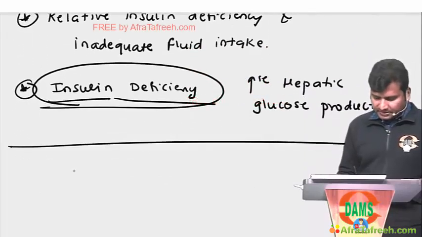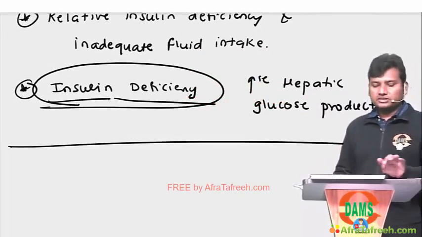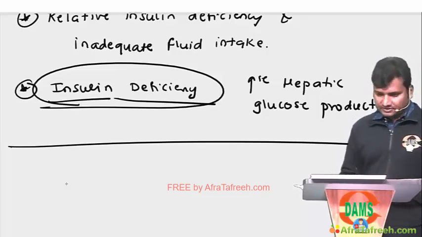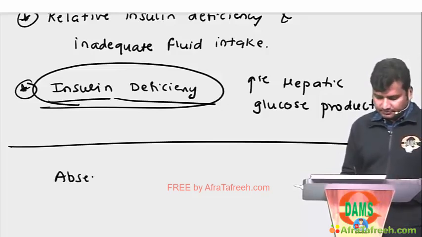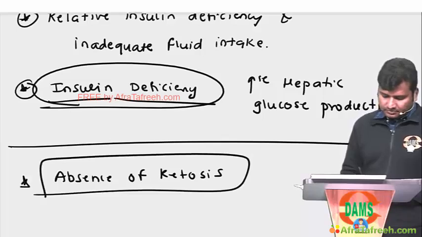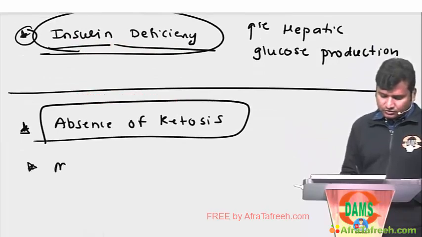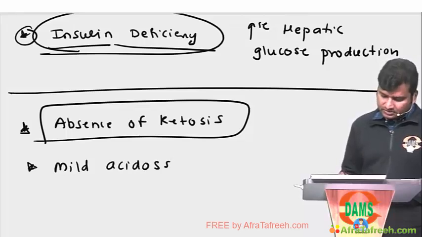But the patient is having some amount of insulin always present in blood, so generally ketone synthesis is absent. Absence of ketosis. Mild acidosis can occur. This mild acidosis is because of increased lactic acid.